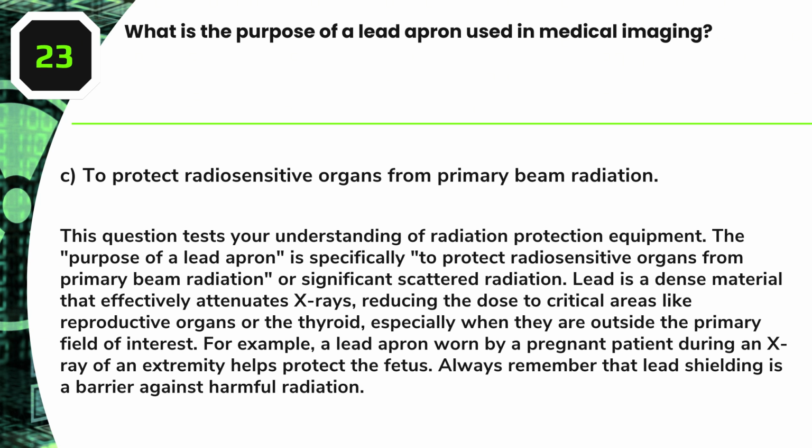Lead is a dense material that effectively attenuates X-rays, reducing the dose to critical areas like reproductive organs or the thyroid, especially when they are outside the primary field of interest. For example, a lead apron worn by a pregnant patient during an X-ray of an extremity helps protect the fetus. Always remember that lead shielding is a barrier against harmful radiation.